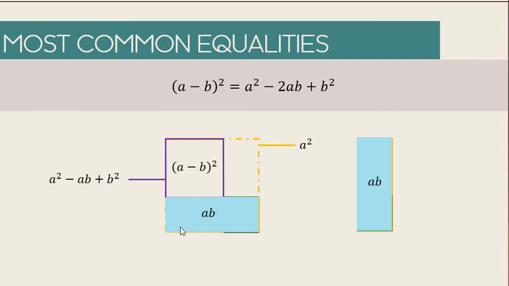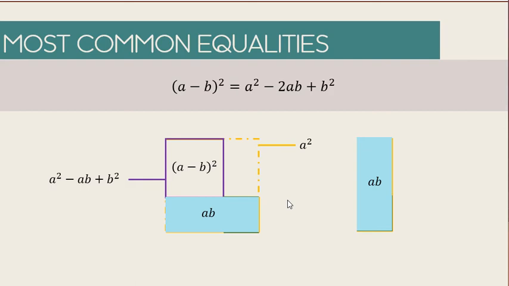You can see that this rectangle here also has the area of AB. Okay, again, come back to that. This side, the length of the rectangle is again A, and the width of the rectangle is also B. Can you see that? So the area of this rectangle here is AB as well. Can you follow?